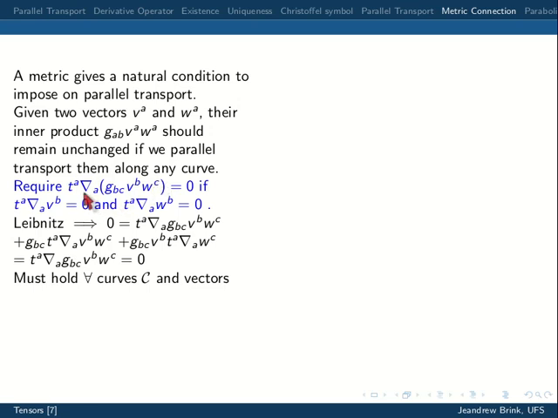You use Leibniz, so you first apply the derivative operator to g_bc. That's the first term. And then plus T^a, you have the derivative operator applied to this V^b, and then you multiply it with W^c. So there's basically a bracket. Whenever you apply the derivative operator, it's only applied to the thing that follows it, unless you've put this bracket in. There you're applying it to all three. If you have no bracket, you apply it just to the one that's immediately afterwards. Okay, now it's fine.